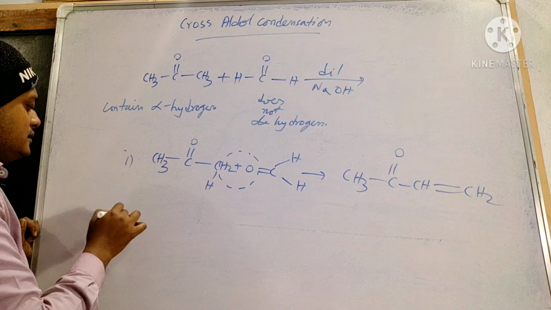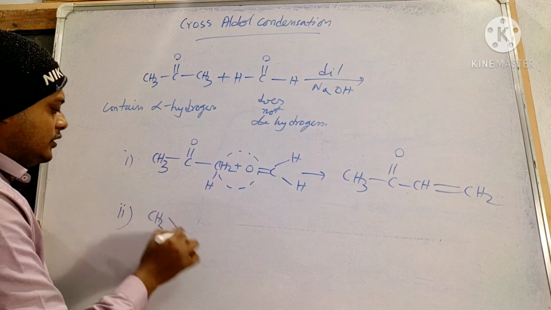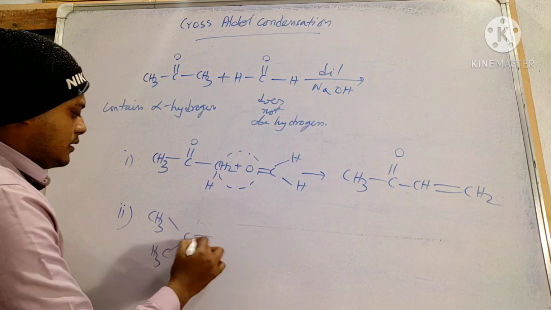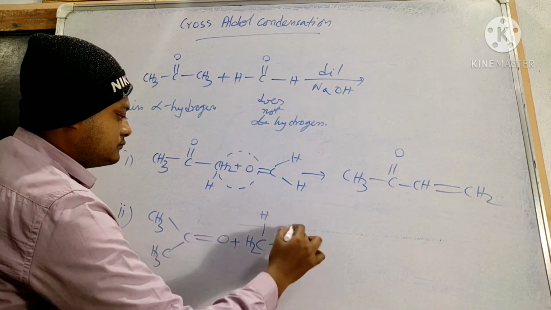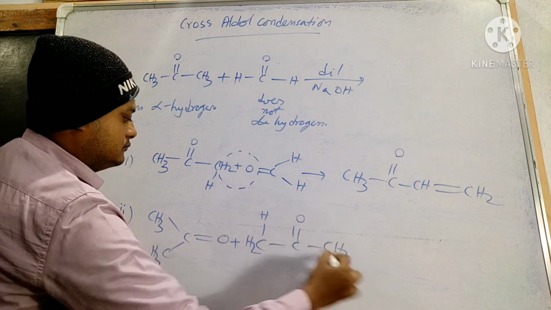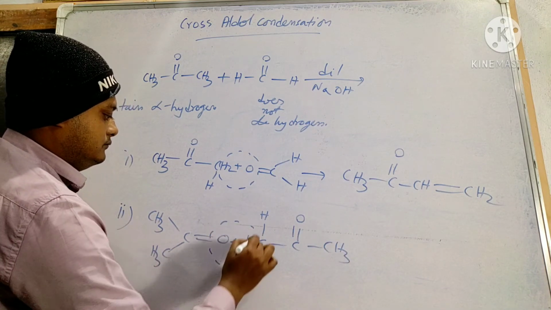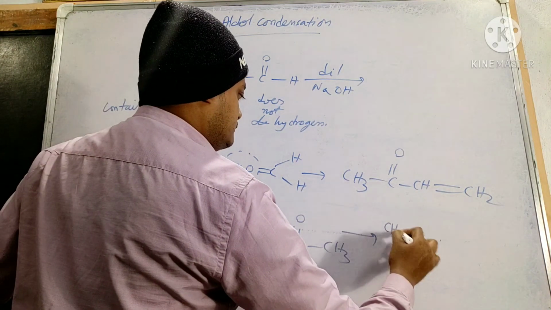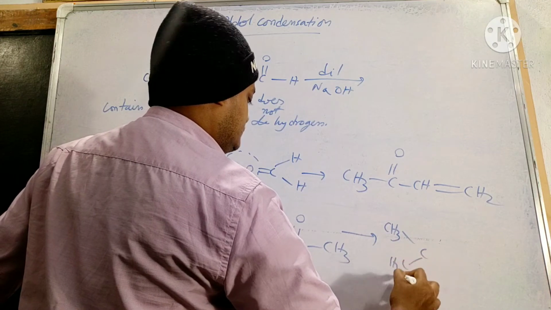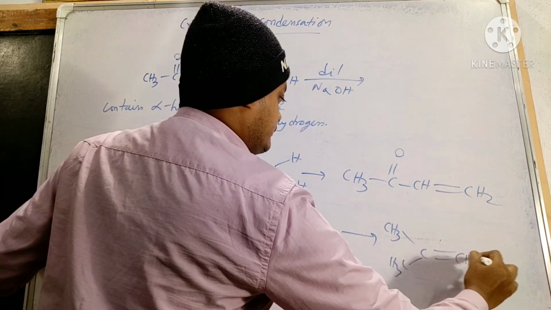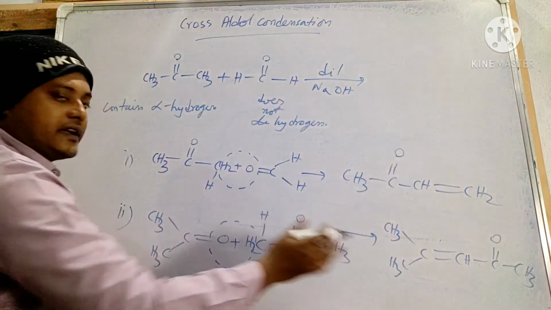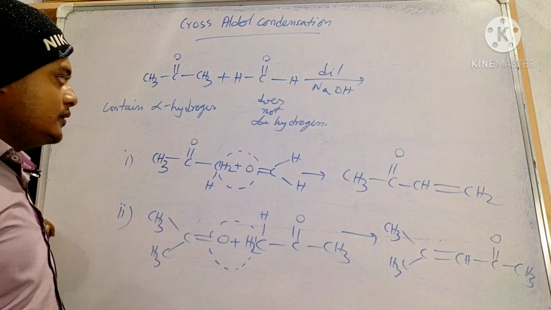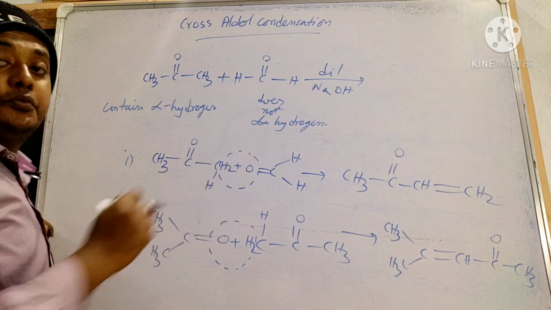And the second one is the self product, where two acetone molecules undergo aldol. First one cross product, second one self product. So in this case 2 products.